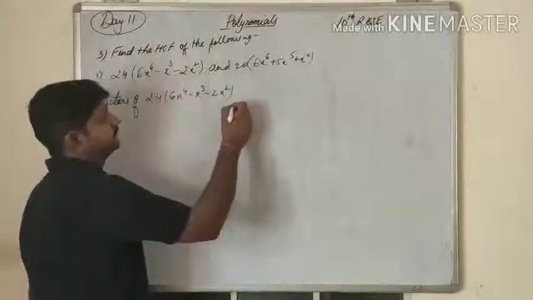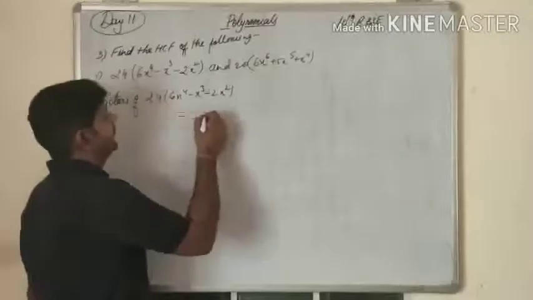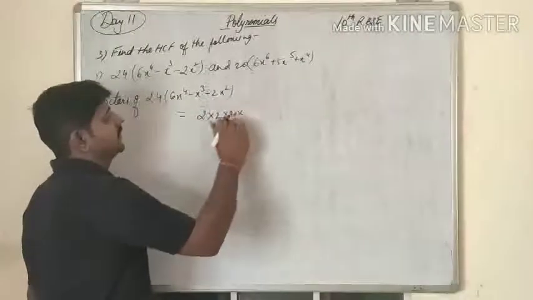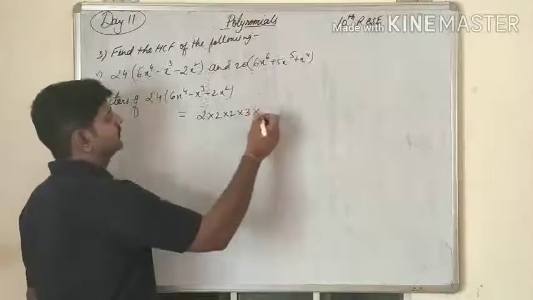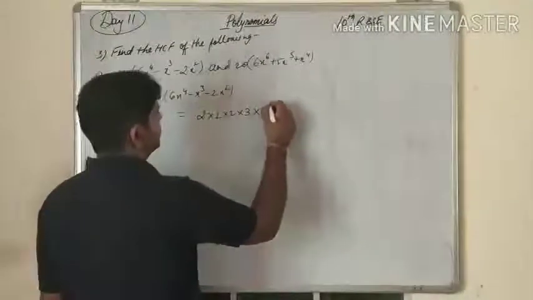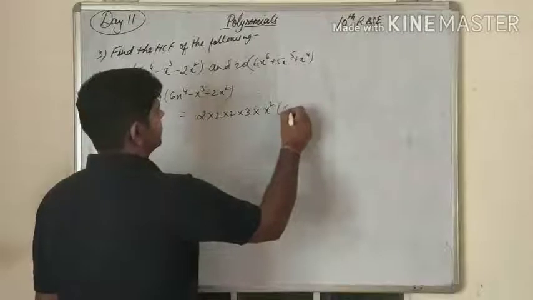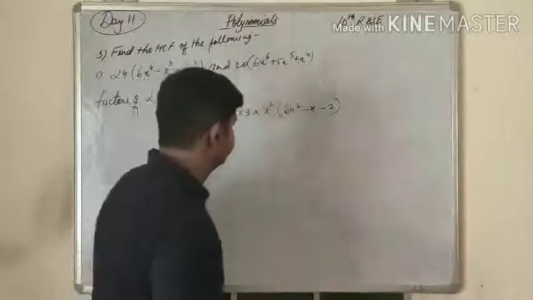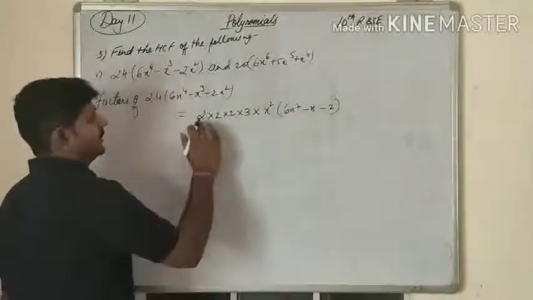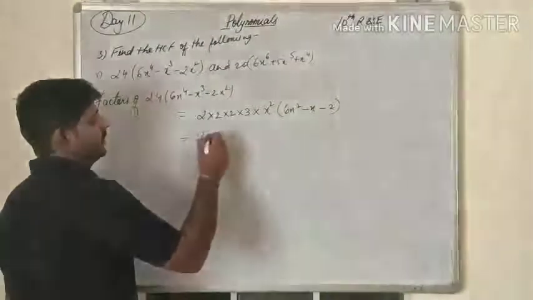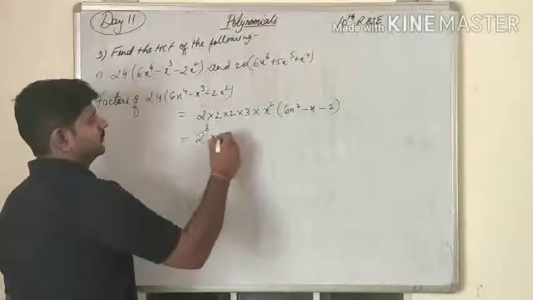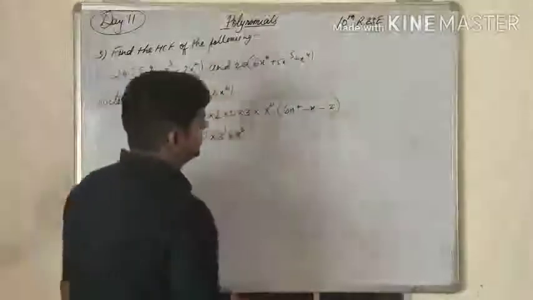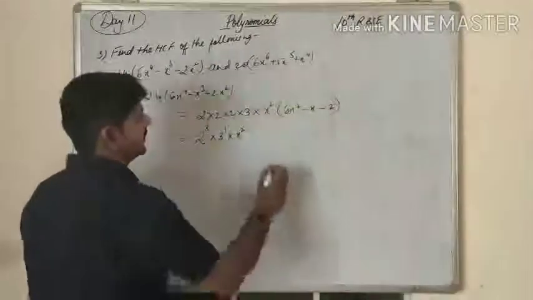If we write, so the first factor is 2 raised to 3 into 3, which is 24, and next x square we can take common, so there is 6x square minus x minus 2 left. So it is 2 raised to 3, 3 raised to 1, x square, and if you factorize this, 6 times 2 is 12, we need 4 times 3 is 12.